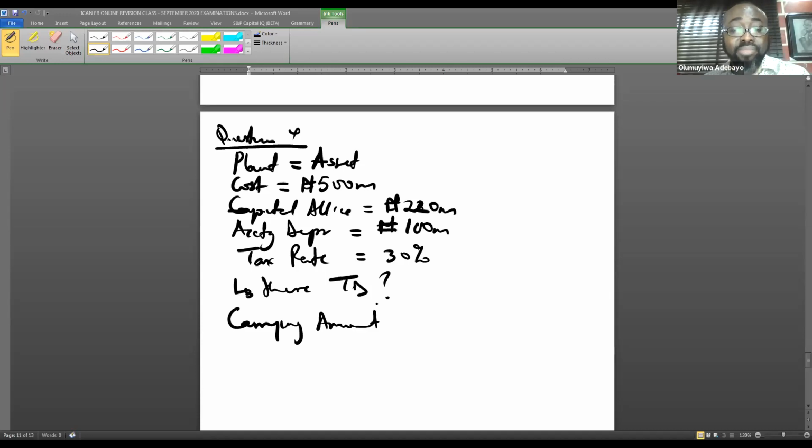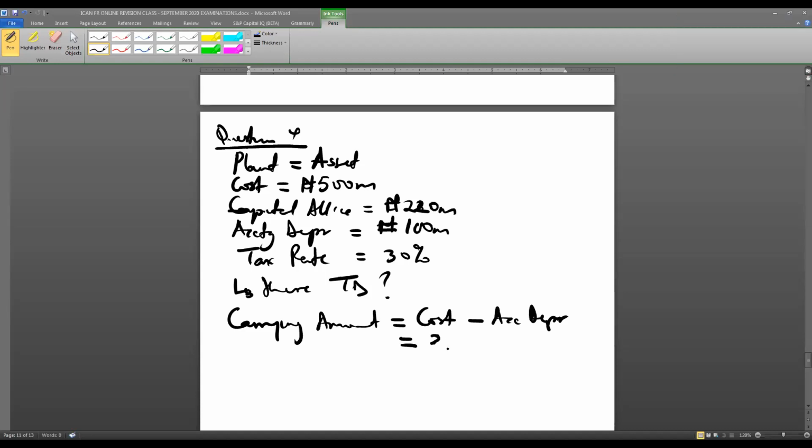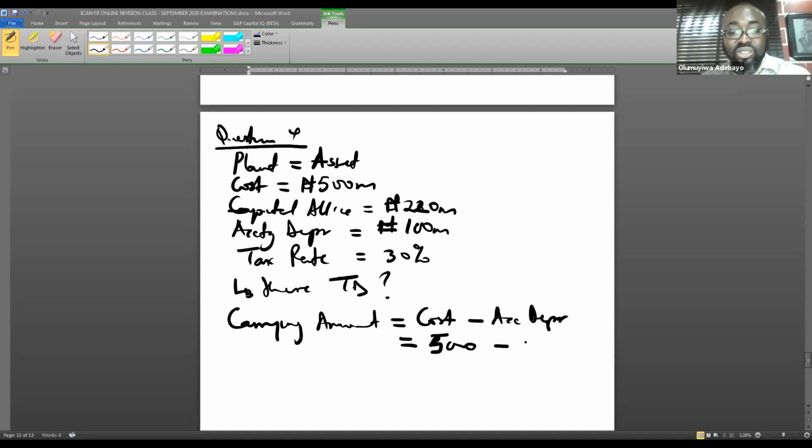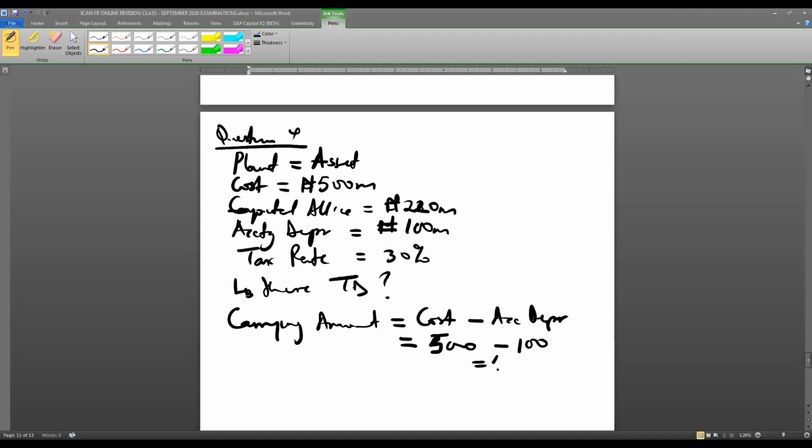For accounting purposes, what would be the book value of that plant as at the end of the year? It will be the cost minus accumulated depreciation. In this case, that is 500 minus 100, which gives us 400.